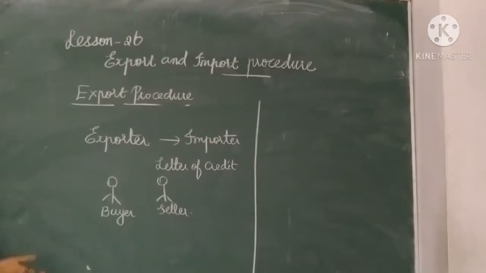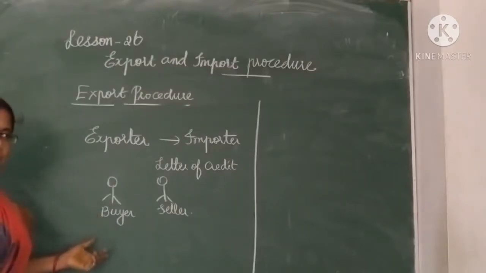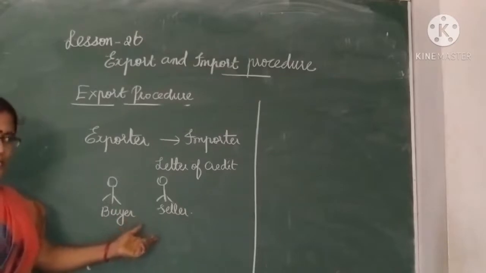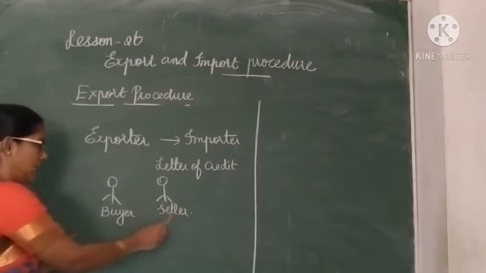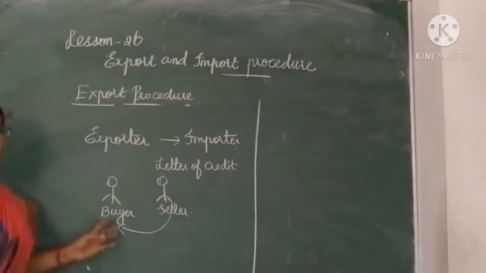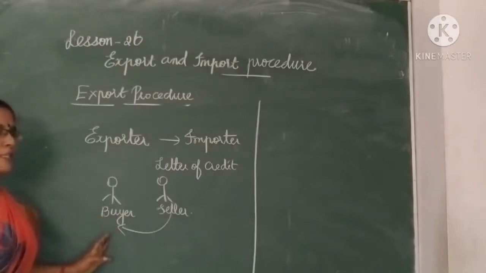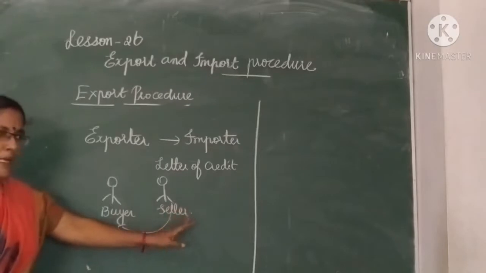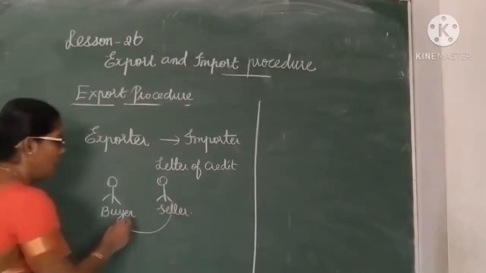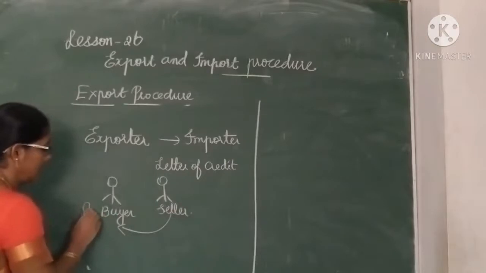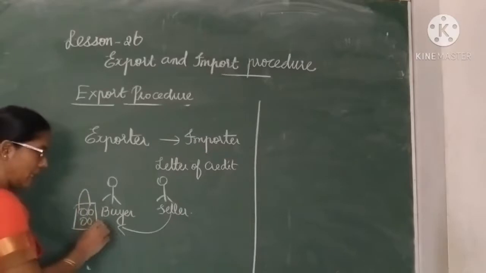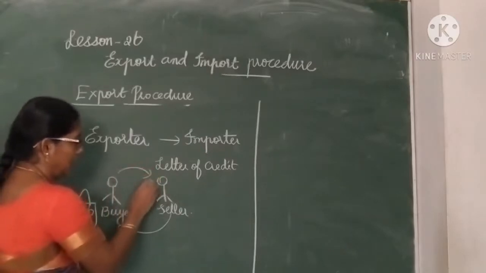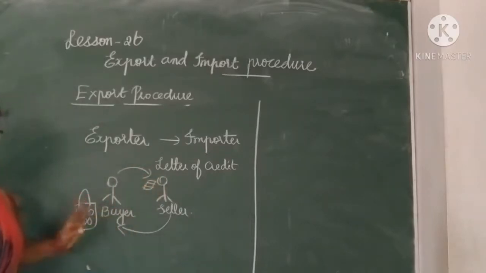So let us understand what is a letter of credit. Let us look at the transaction where there is a buyer and there is a seller selling goods to the buyer. And what is the buyer doing? The buyer also pays the money immediately.